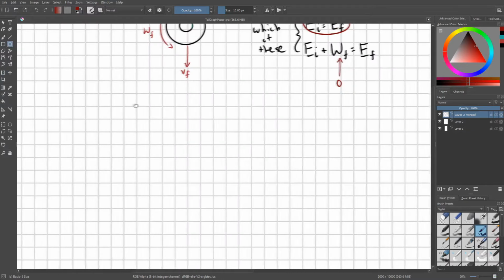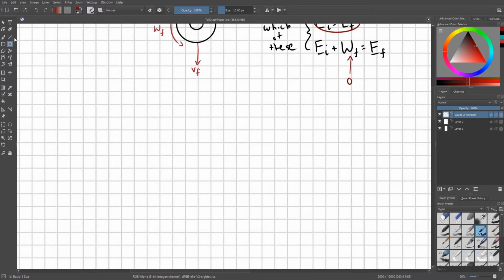When something rolls without slipping, let's make a simpler picture. Let's say that we have, just on flat ground, a disc.